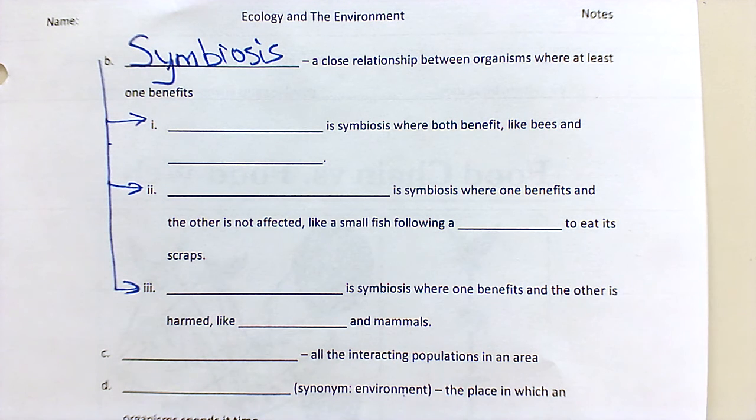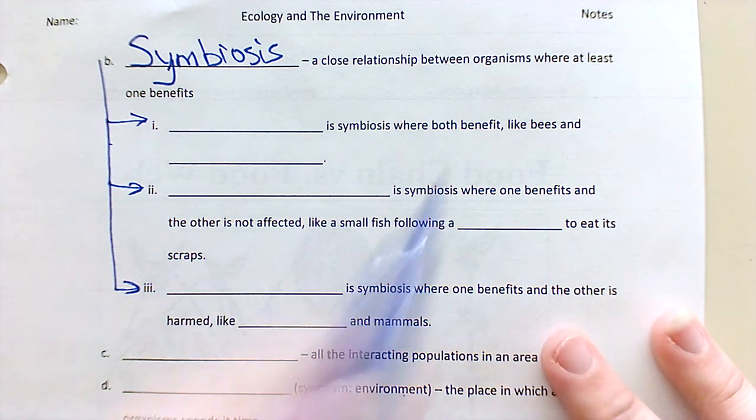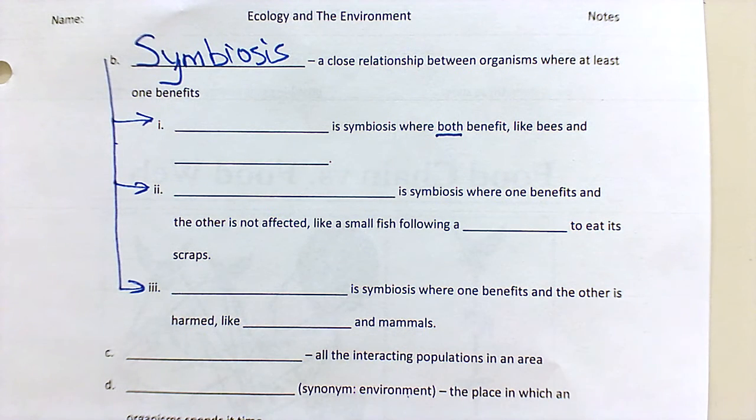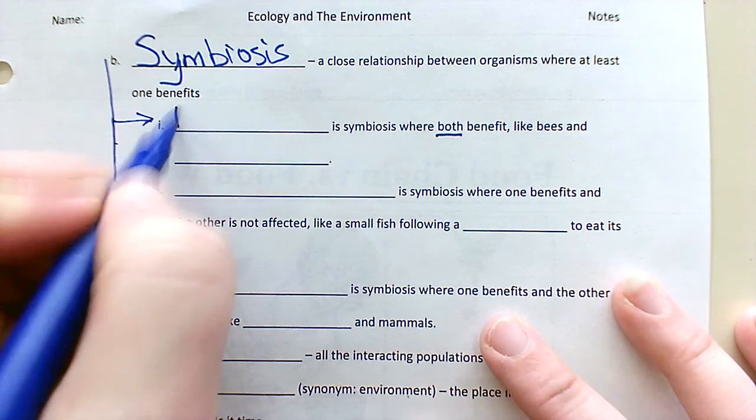Okay, so all the 3 types of symbiosis are the same in that there's 2 species interacting closely, and one of them benefits. If nobody benefited, they just wouldn't do that, right? So one of them is going to benefit in every single type. If they both benefit, thoughts on which one that is? Mutualism.